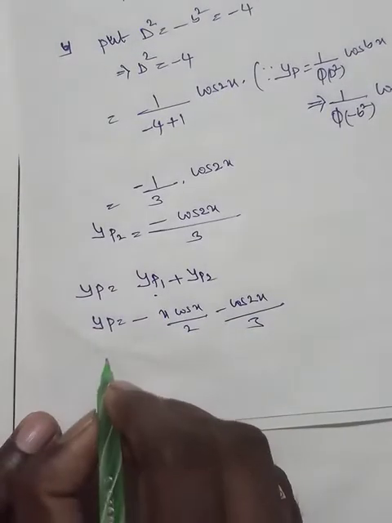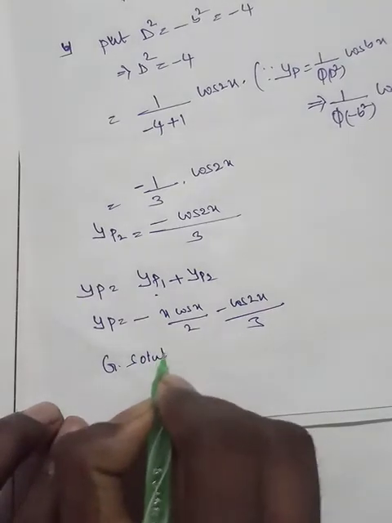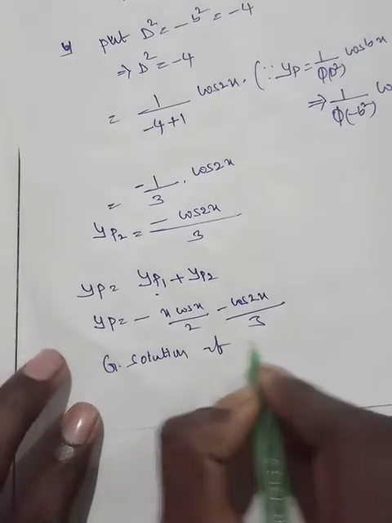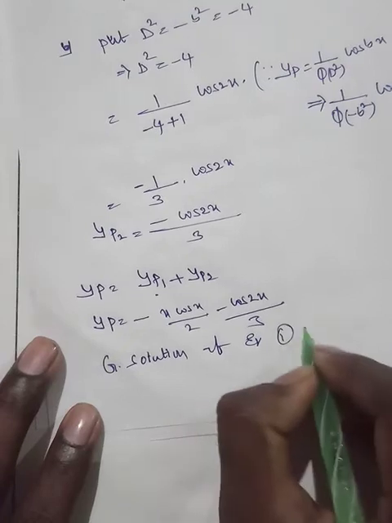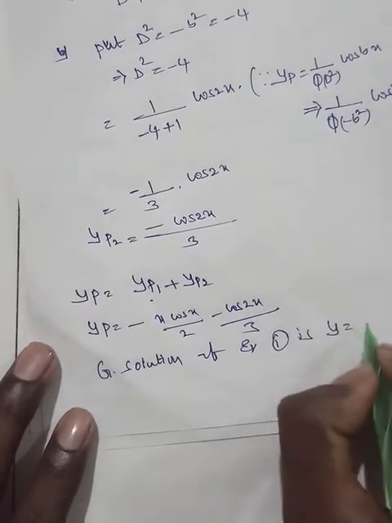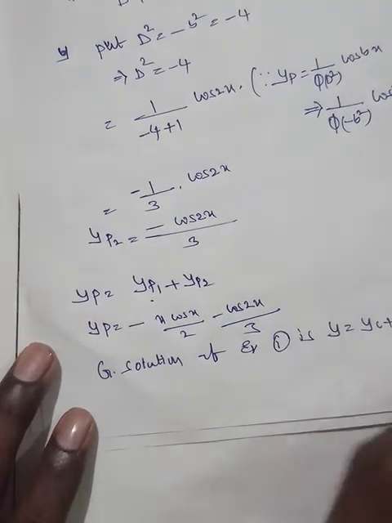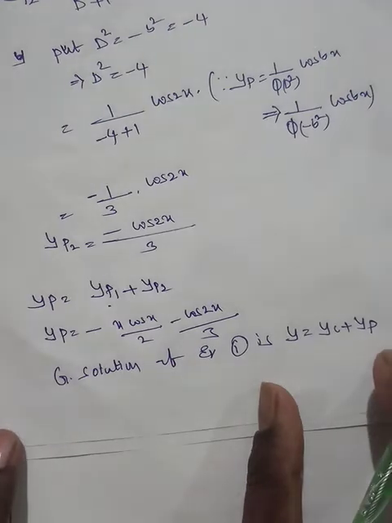Finally the general solution of equation 1 is y equals yc plus yp.